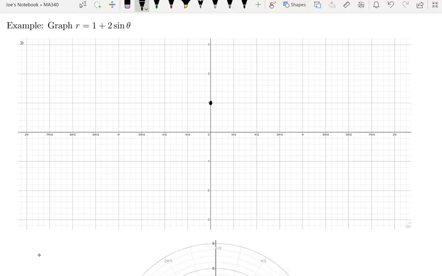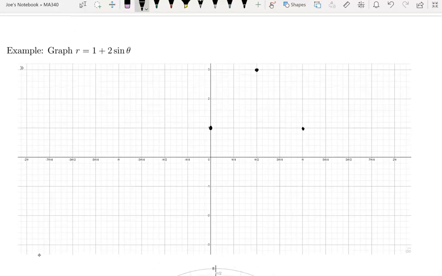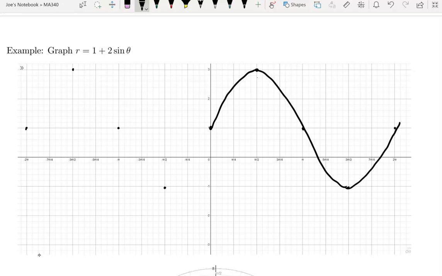Instead, it'll start at 1. It'll go up to 3 at pi over 2, back to 1 at pi, -1 at 3 pi over 2, up to 1 at 2 pi. So if I draw this, just like so.